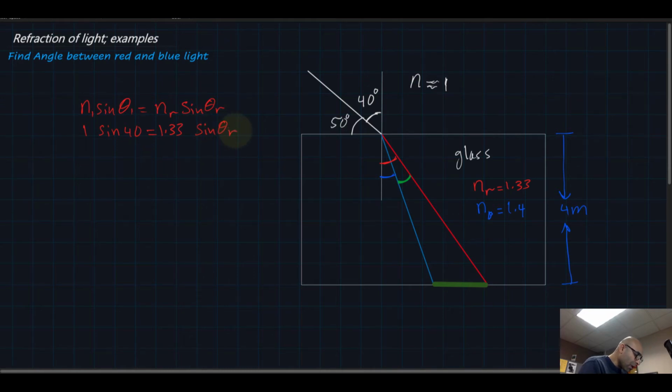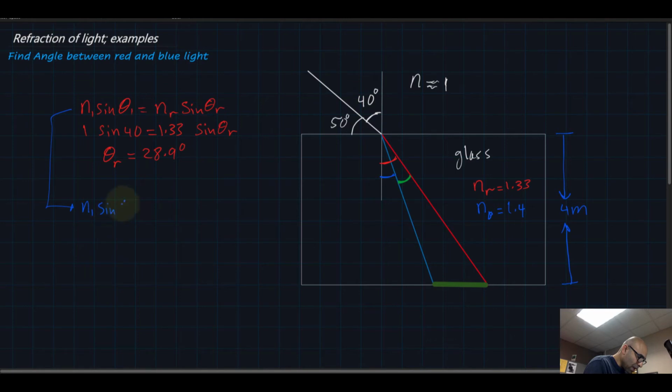With some quick calculation, we divide sine 40 over 1.33 and take the inverse sine to find theta r, and we can do this calculation. So theta r is equal to 28.9 degrees.